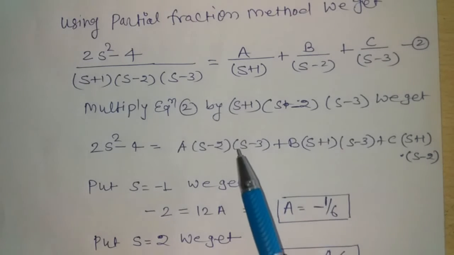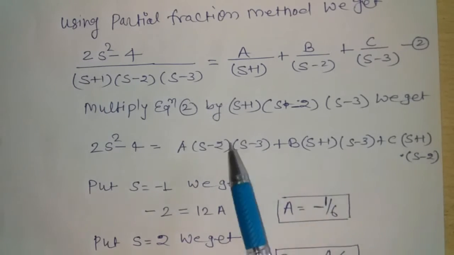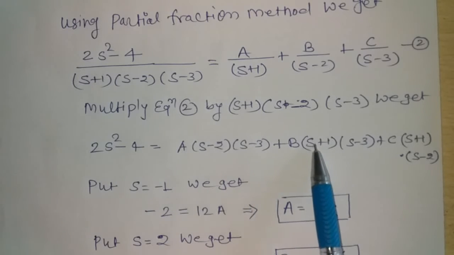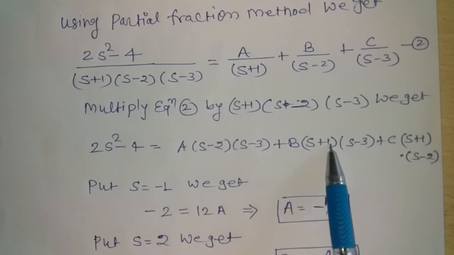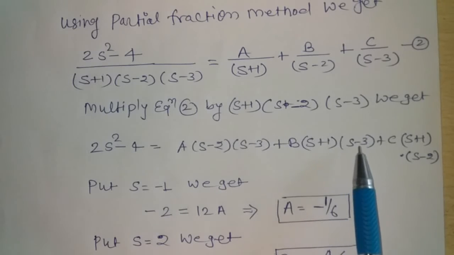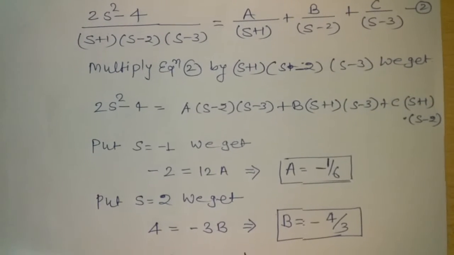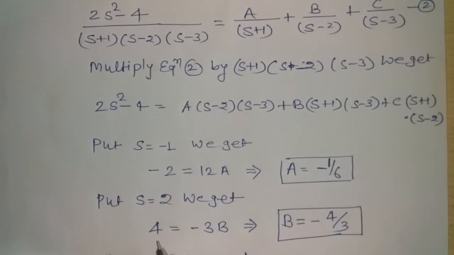On the right hand side we have 2 + 1 is 3, and 2 − 3 is −1. So we have −3b. So 4 equals −3b, which gives b equal to −4 by 3.